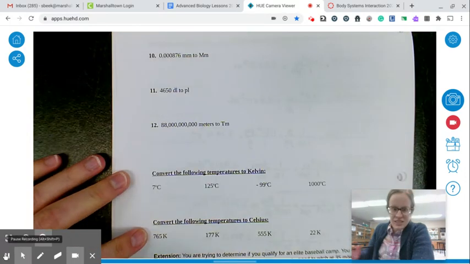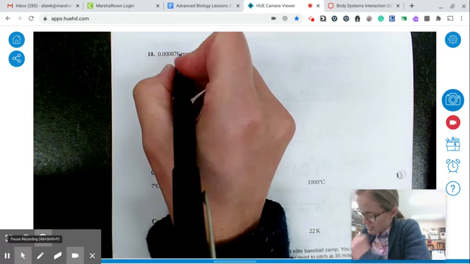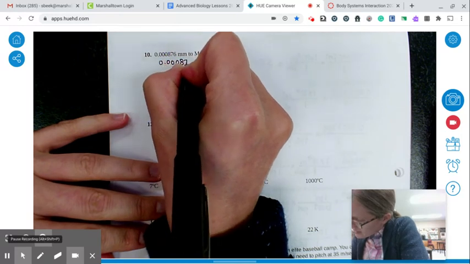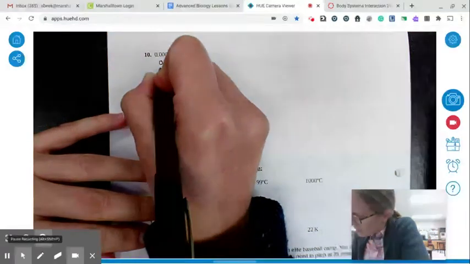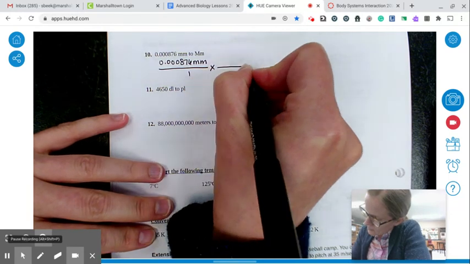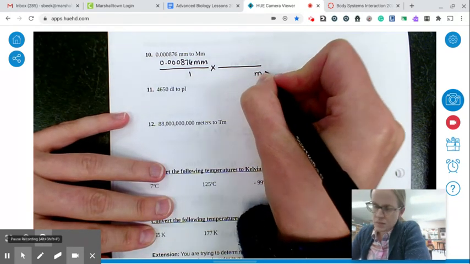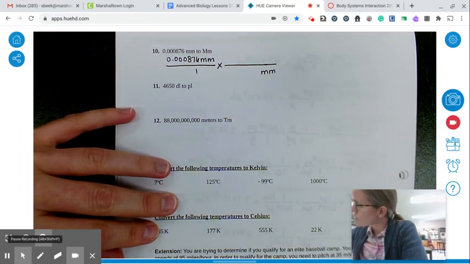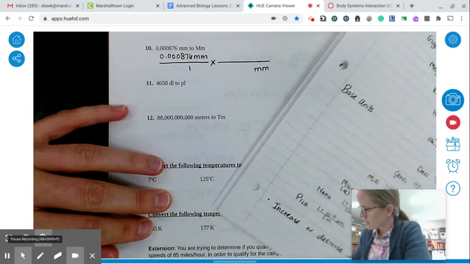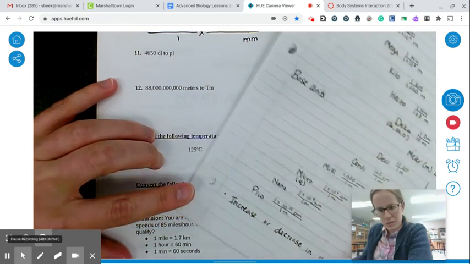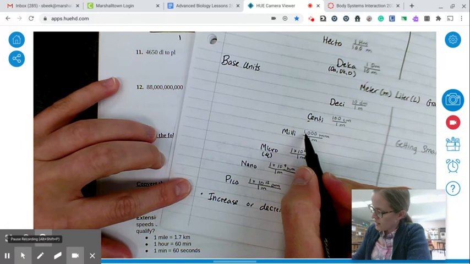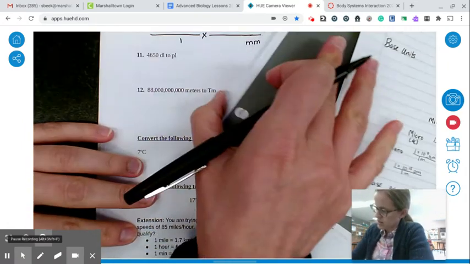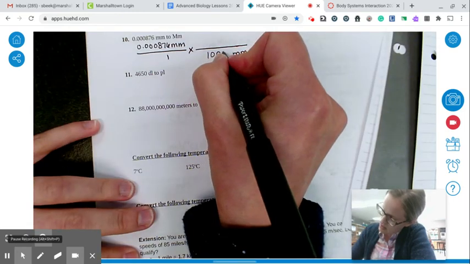All right, this next one, you're giving over 1. Millimeters. And then millimeters goes on the bottom. Not the base unit, and I'm not going to the base unit, so it'll have to be 3 steps. Milli, can you see it? Milli is here, and there are 1,000 millimeters in 1 meter. So 1,000 in 1 meter.